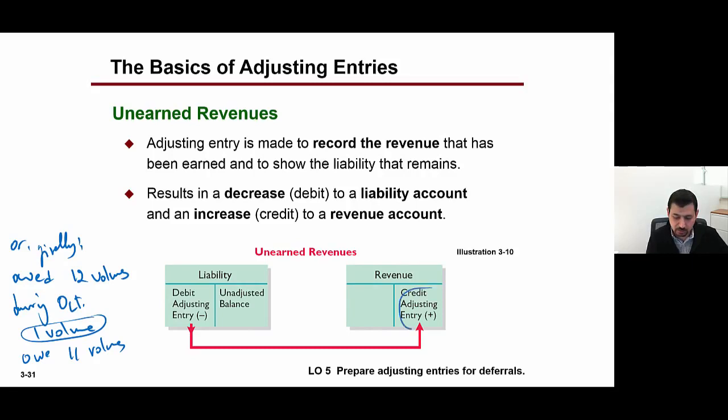So this is why we credit revenue and we debit the liability. Before this adjusting entry, liabilities were overstated. We were saying that they owed 12 volumes, whereas in reality at the end of the accounting period they only owed 11. So the liabilities were overstated and revenues were understated, because we were saying that they hadn't earned that yet, which also causes net income to be understated as well.